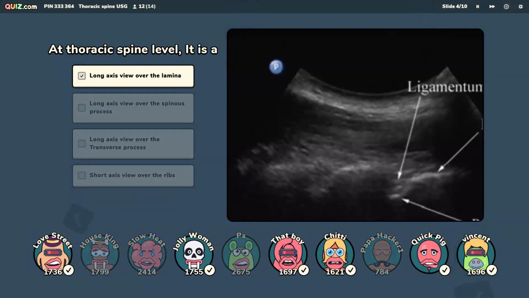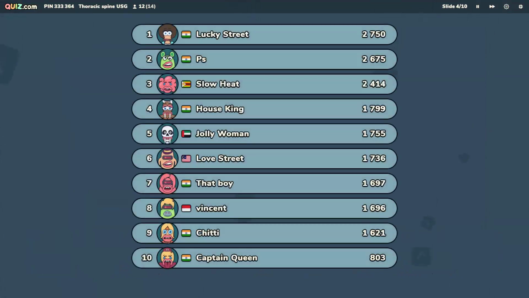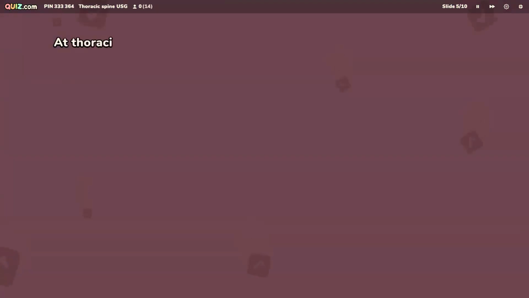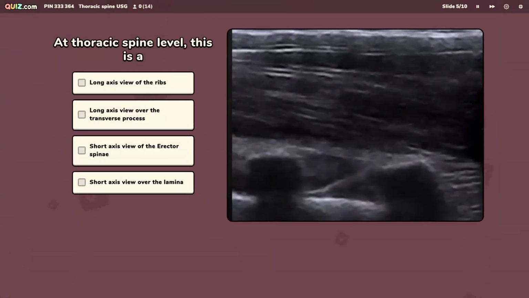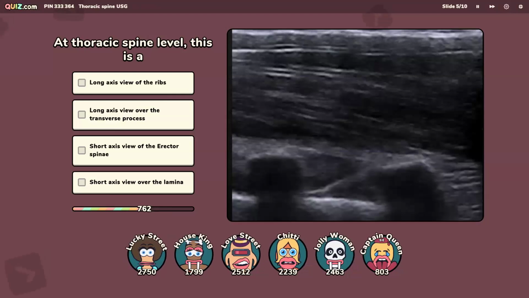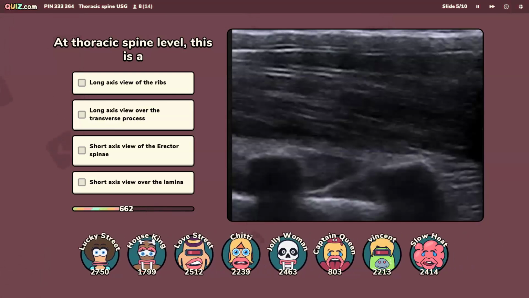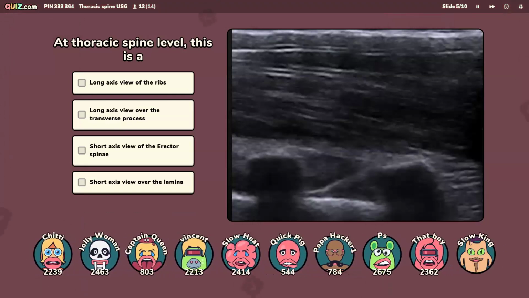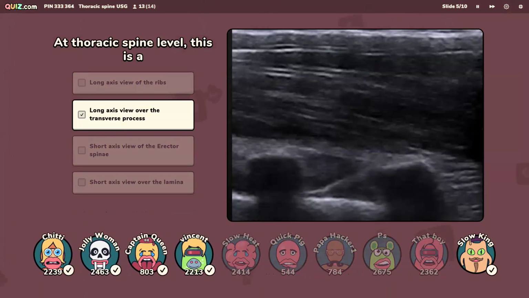Long axis view over the lamina. At thoracic spine level, this is a long axis view over the transverse process.